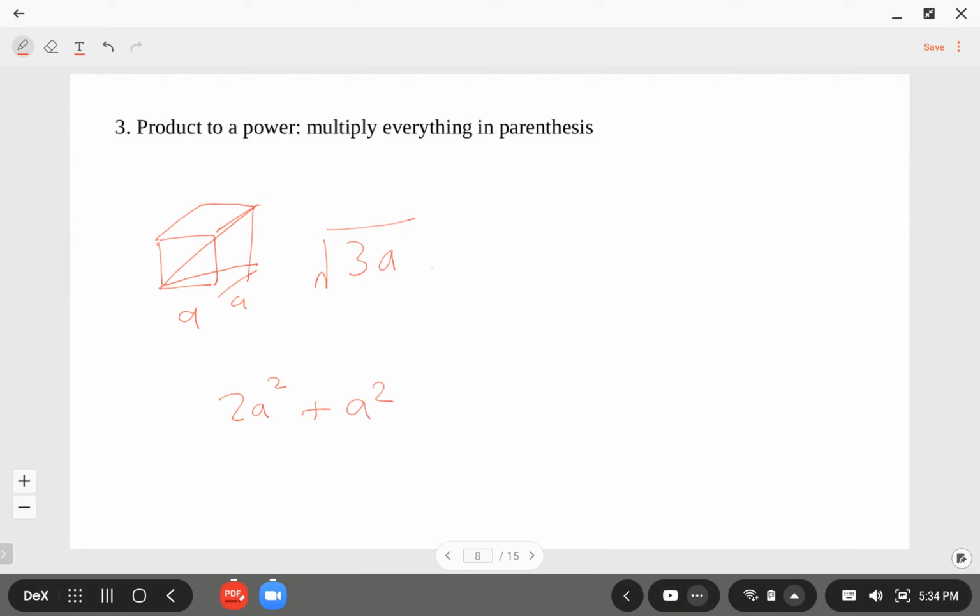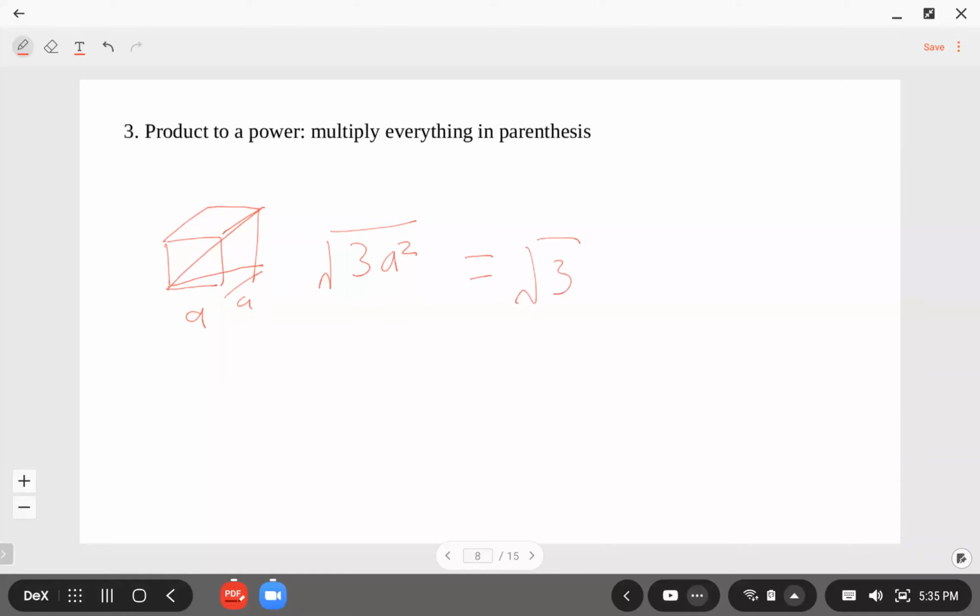It could be 3 a squared. So that is the formula for our cube space diagonal, and then as I said, we will be square rooting everything. Square root of 3 times a. That is the space diagonal, and I'm talking about high school geometry right now. You'll learn this, and you probably don't understand how I got the formula. For those who did understand, you're very smart. But that was just to prove my point.